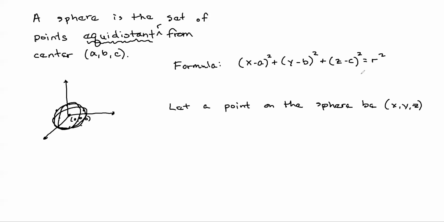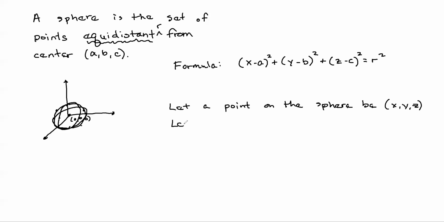So when you use the sphere formula, a, b, and c are given, and you plug them in here, here, and here. And r is given, and you plug it in here. And then the point that you plug in to determine whether it's on the sphere goes here, here, and here. So that's the point that's on the edge of the sphere.